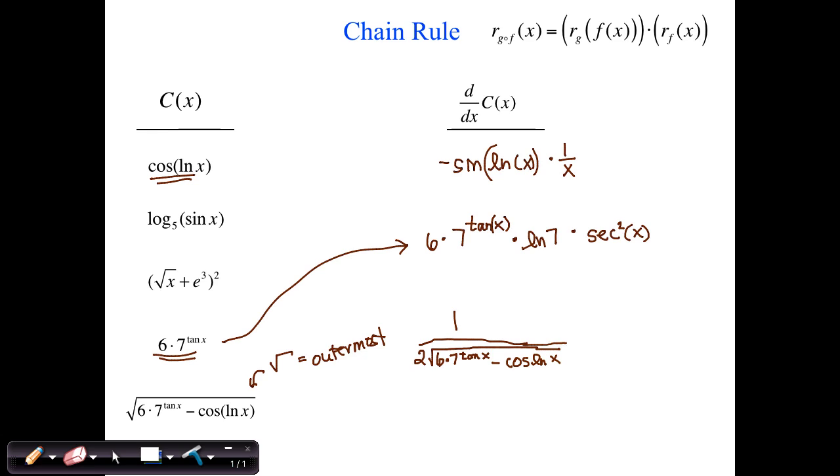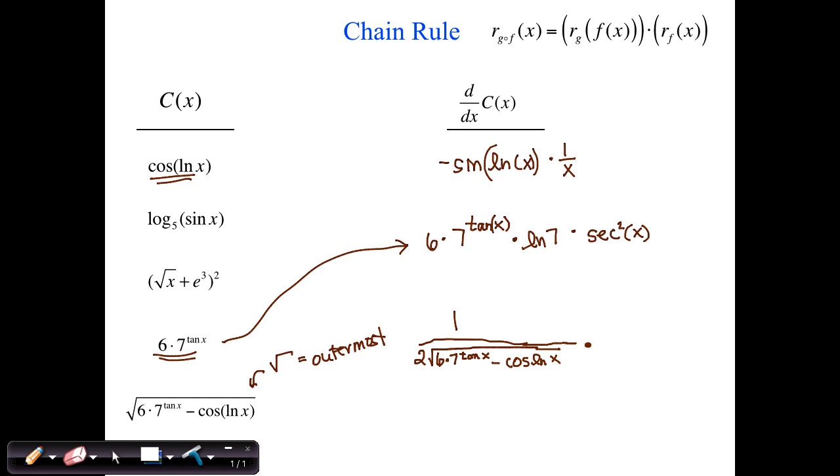That's all under the square root in the denominator. So again, square root of x's derivative is 1 over 2 root x. Square root of something else's derivative would be 1 over 2 times the square root of that something else, but times the derivative of that something else.